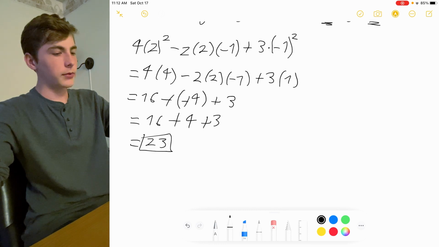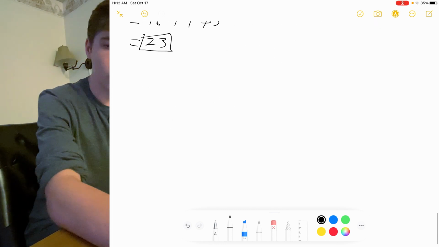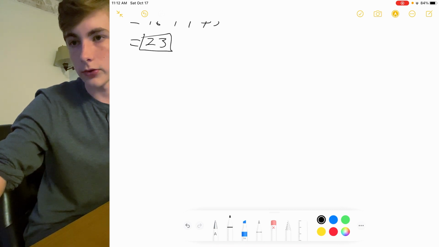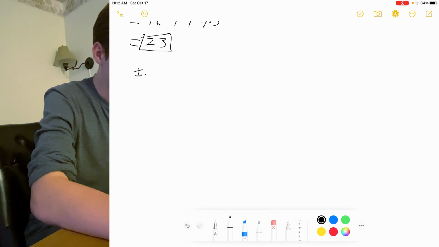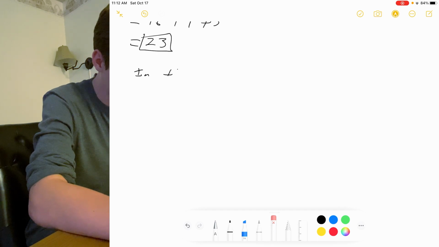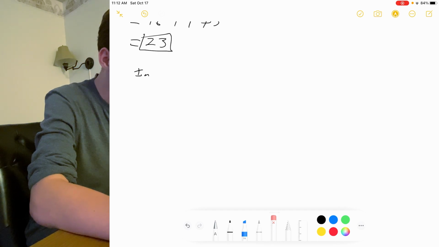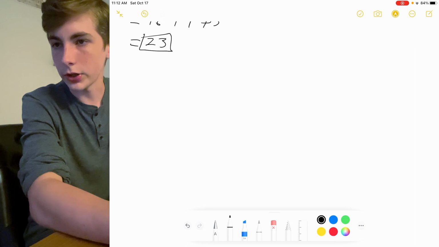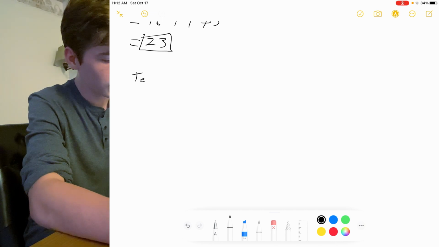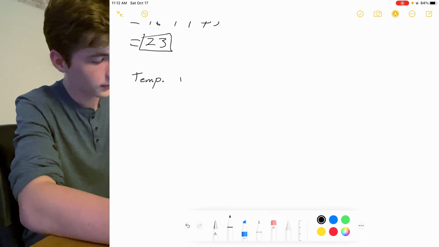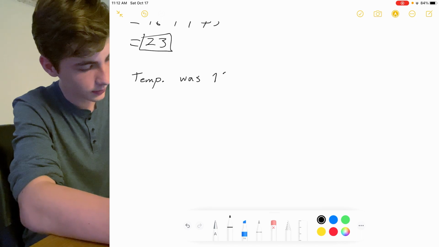The last thing I'm going to do is just a quick word problem with integers. I'm not going to write out the whole thing, just the relevant information. In the morning, the temperature in Kendallville, Indiana, was 11 degrees.